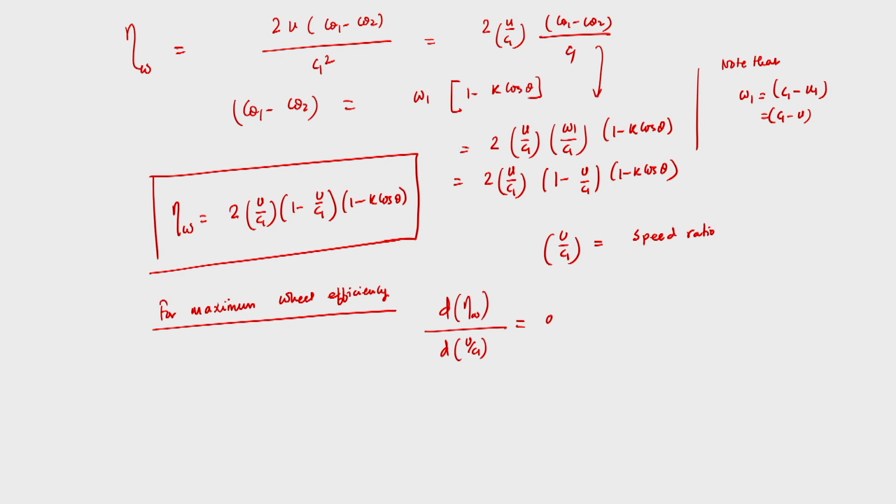If we make d eta w by d (u by c1) equal to 0, from this we get c1 is equal to twice u. That means u by c1 is equal to half. So the speed ratio will be equal to half.